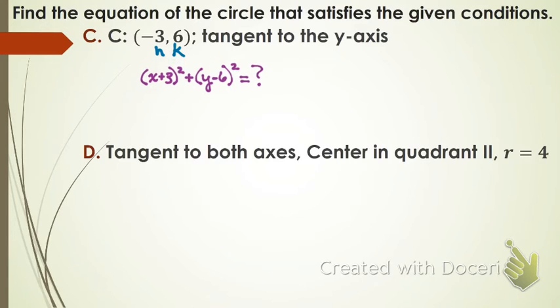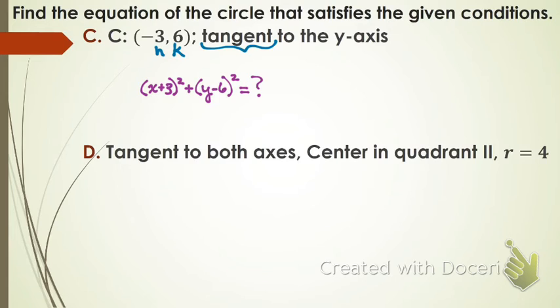Tangent to the y-axis. What does tangent mean? Does anybody remember? Oh, the opposite over adjacent? Super close. You're definitely thinking about it from a geometric perspective, which isn't wrong. In this case, what we mean by the word tangent is that it touches but does not cross.